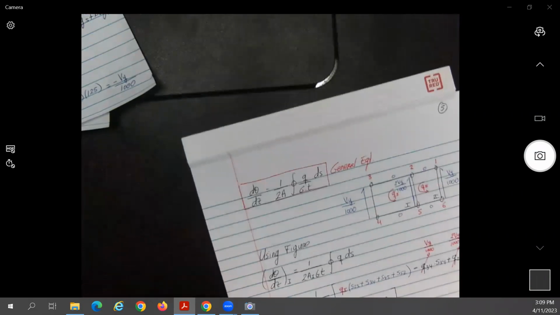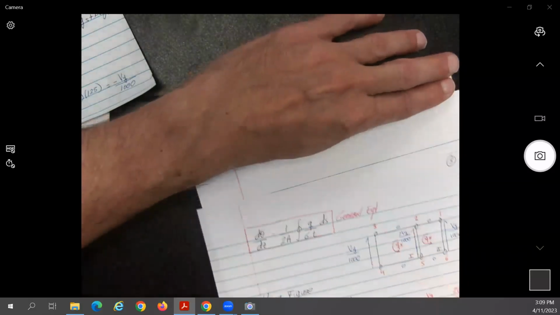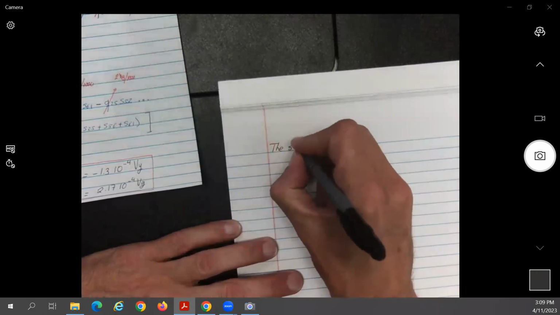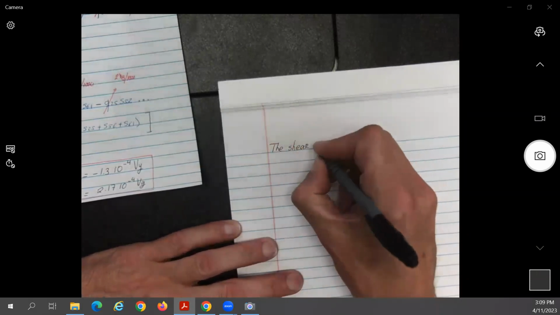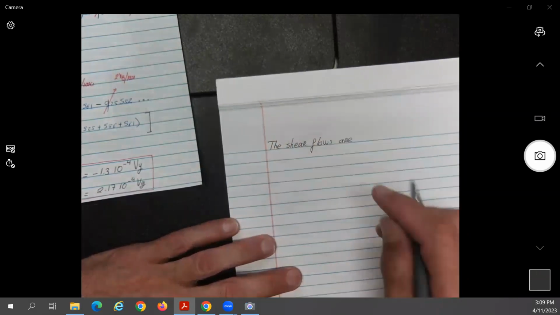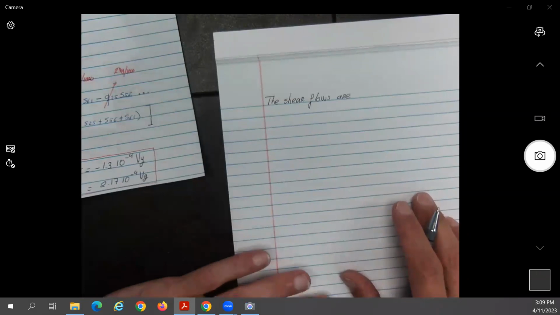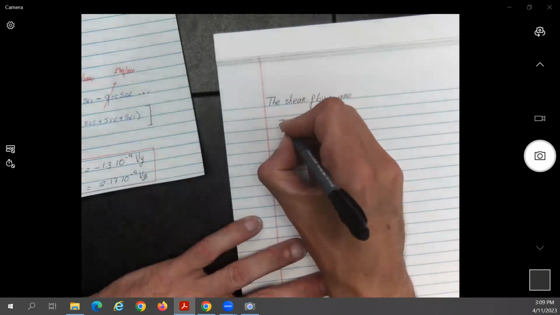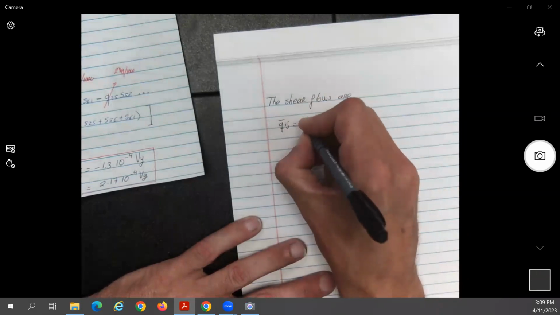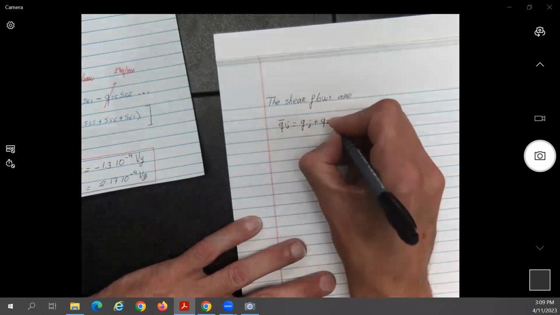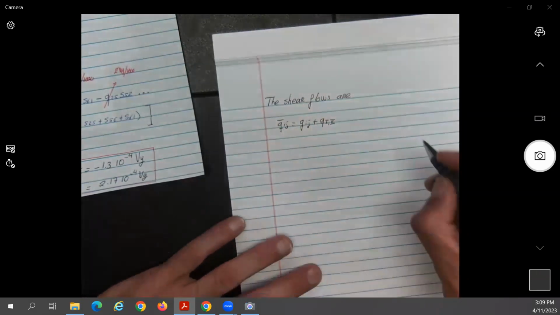So finally, the shear flows are what? Let's say the Q bar at J is equal to Q at J plus Q, either 1 or 2. Okay, I write down the general equation.